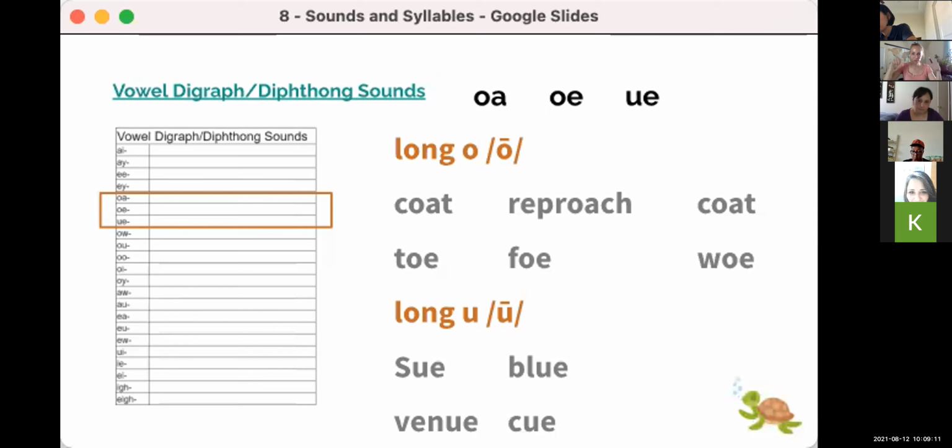Okay, I see some eyes going down to your notebooks. I don't want to move too fast if you want more time on this page. Okay, ready for the next one?